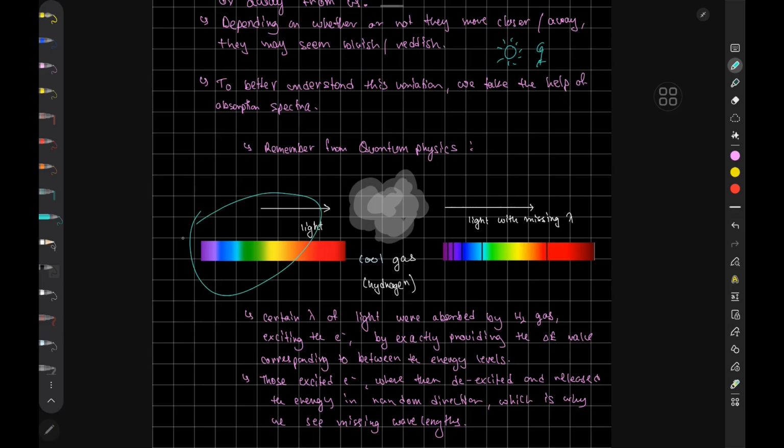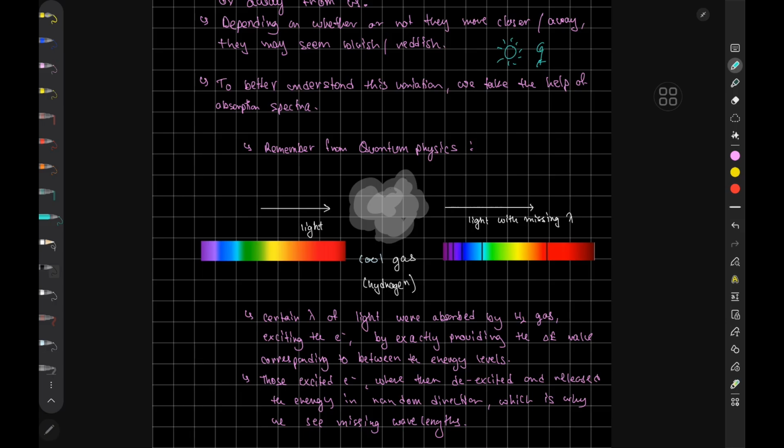You have proper full white light coming in to a cool gas. So it's a cold gas which has all of its electrons sitting or moving around in the valence shell. No reason to be excited.